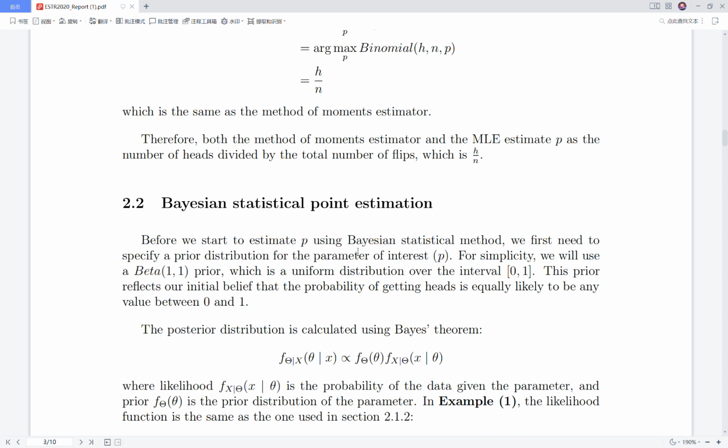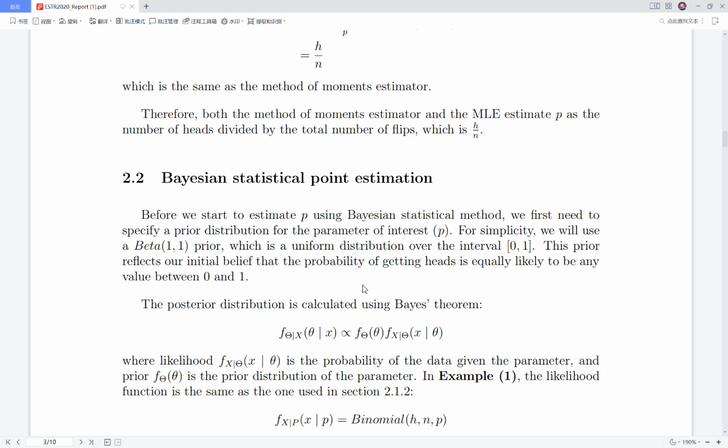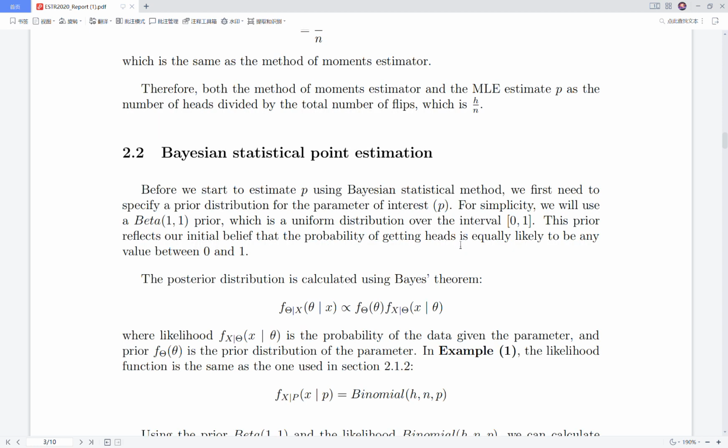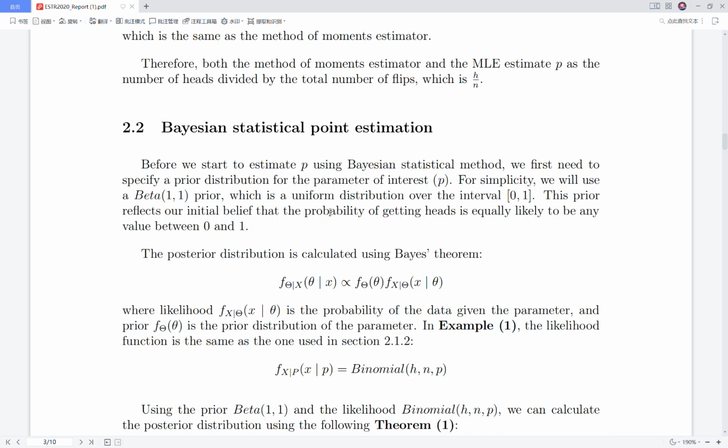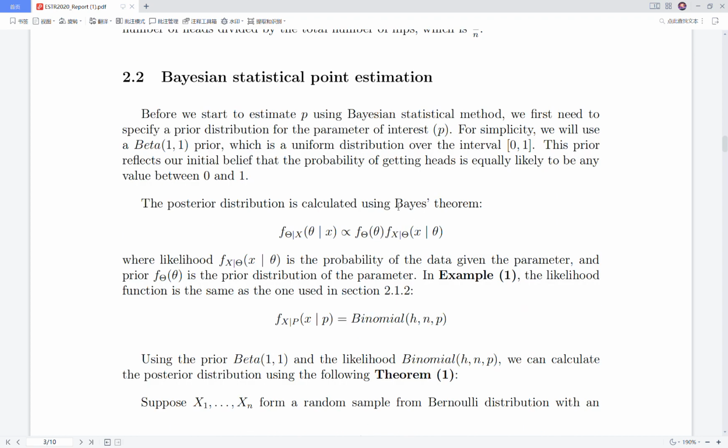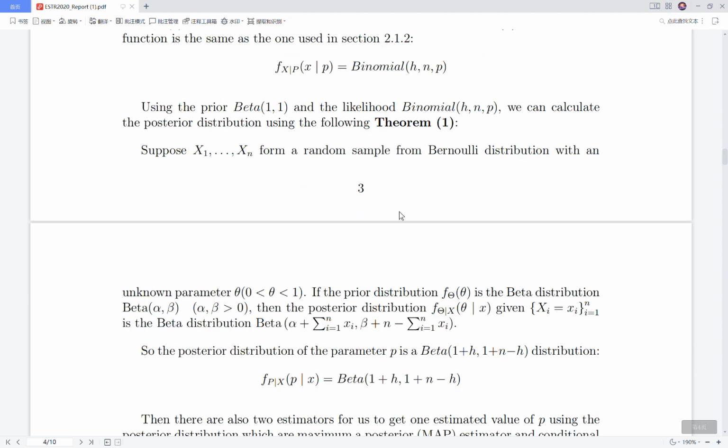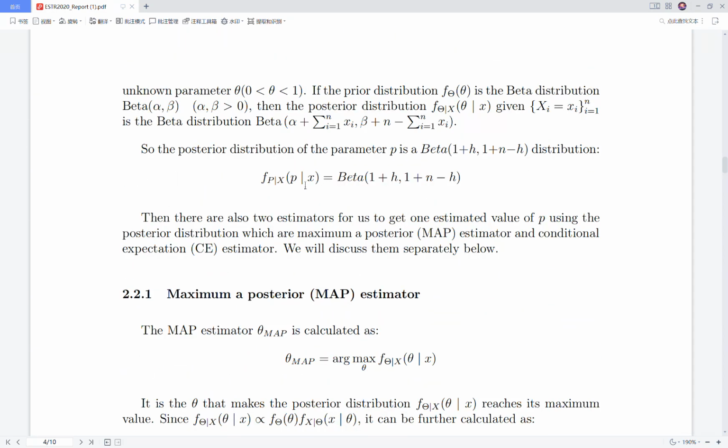For Bayesian estimation, we first need to introduce a prior distribution, which stands for our prior knowledge of the parameter of interest, which is P in Example 1. For simplicity, we will use the Beta(1,1) prior for this example, which is a uniform distribution. After applying the data to the prior distribution, we get our posterior distribution, which is this.